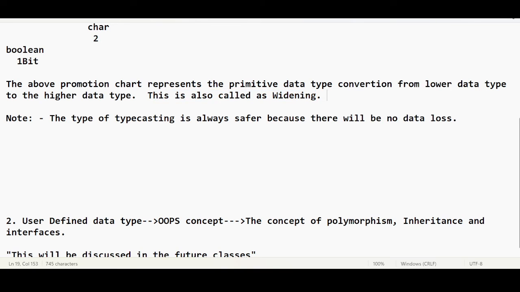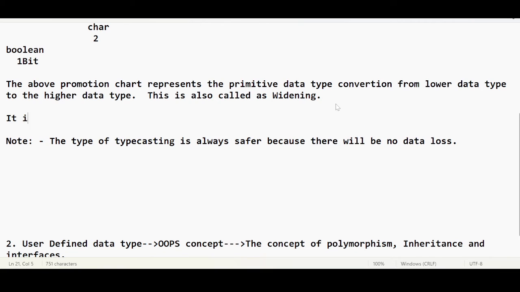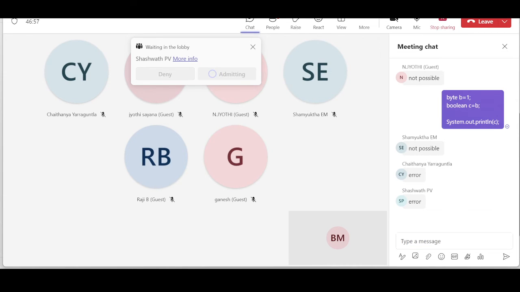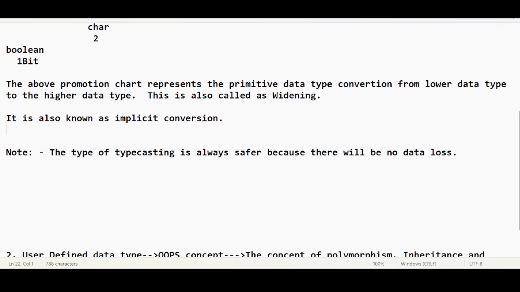It is also known as implicit conversion, remember these terminologies, or it is also called casting down.